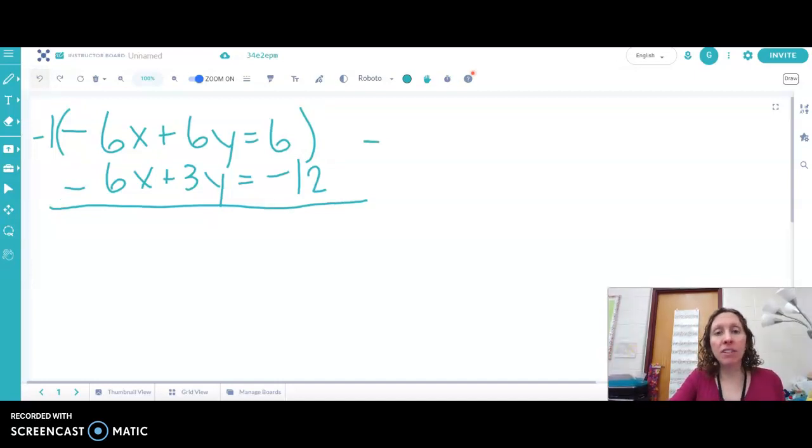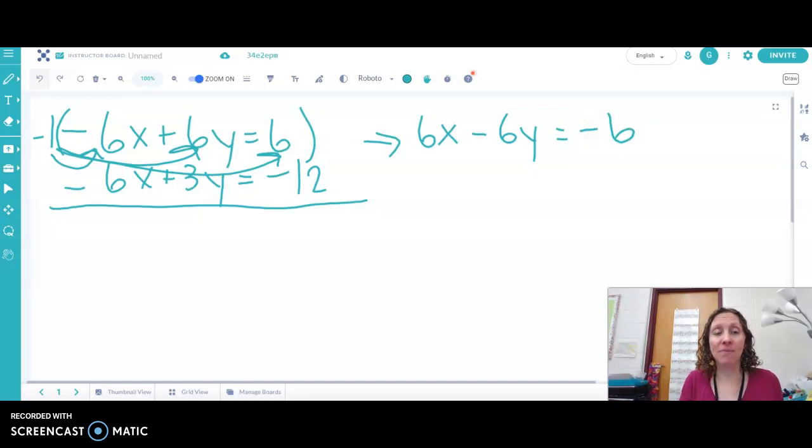Okay, so I'm going to rewrite this. So if I distribute this, I have positive 6x. Then it will be a negative 6y. And a negative 6 at the very end.